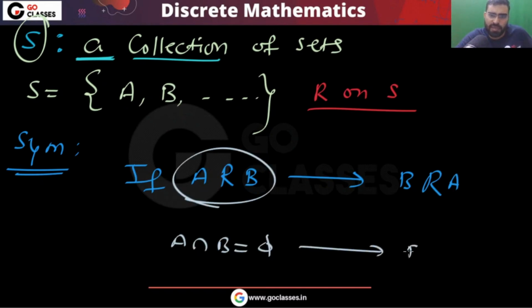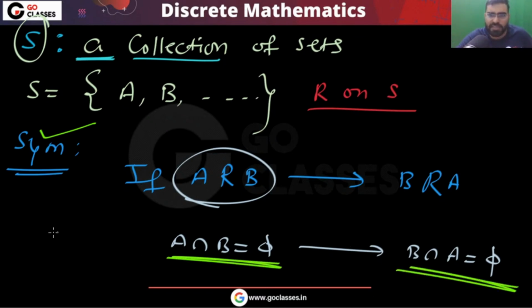So definitely B intersection A also will be phi. Whatever set you take, this symmetric property is always going to happen. If A intersection B is phi, then B intersection A will be phi. If A is related to B, then B will be related to A.